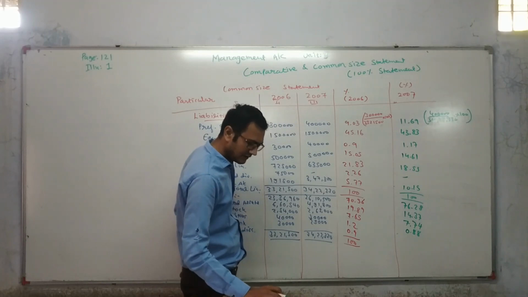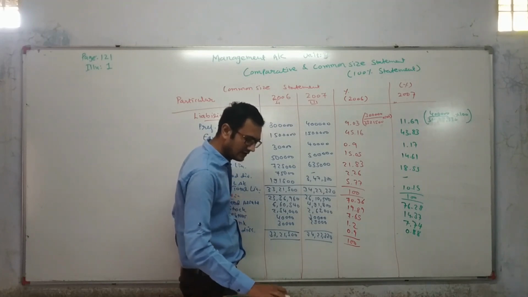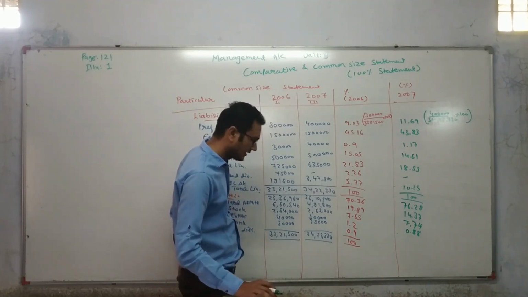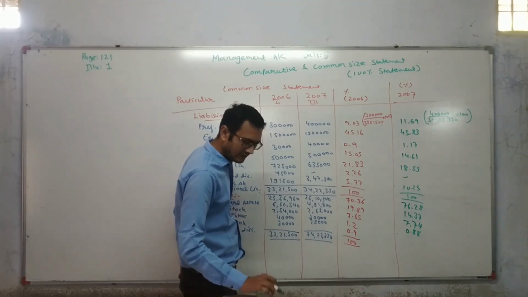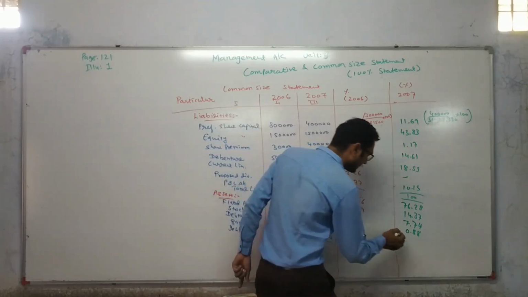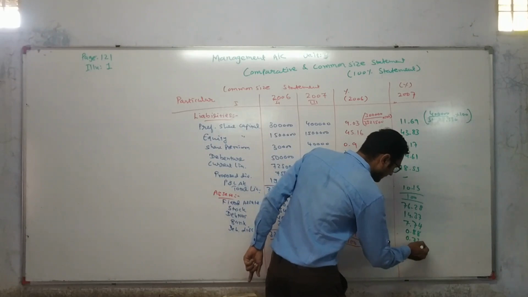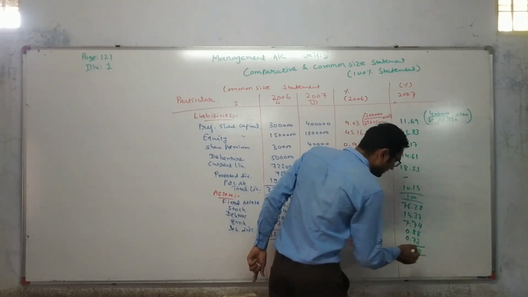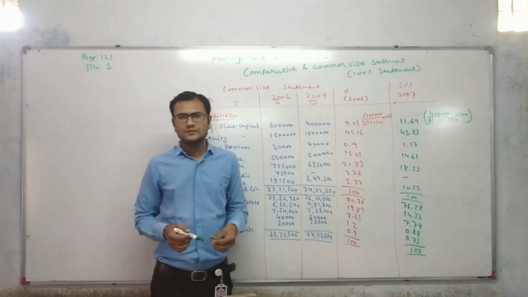And last 25,000 divided by 34,22,330 into 100, 0.73, and total should be 100%.